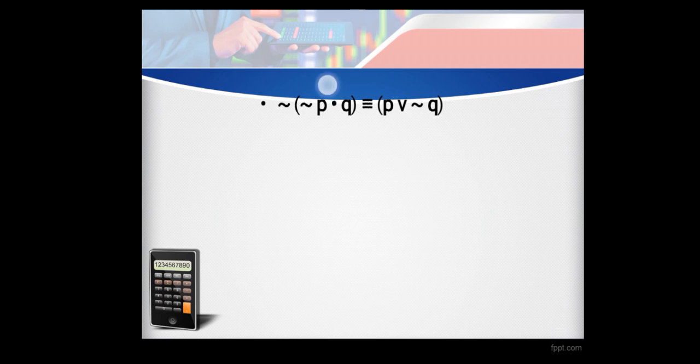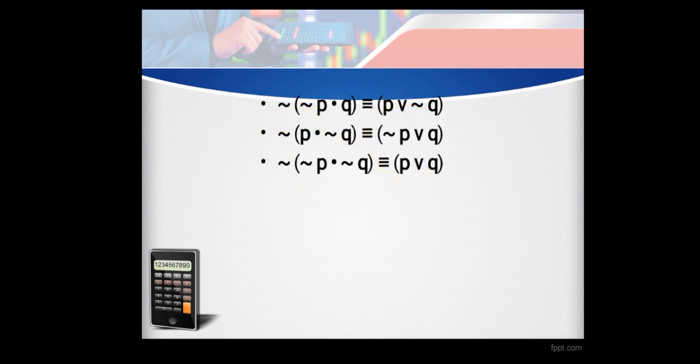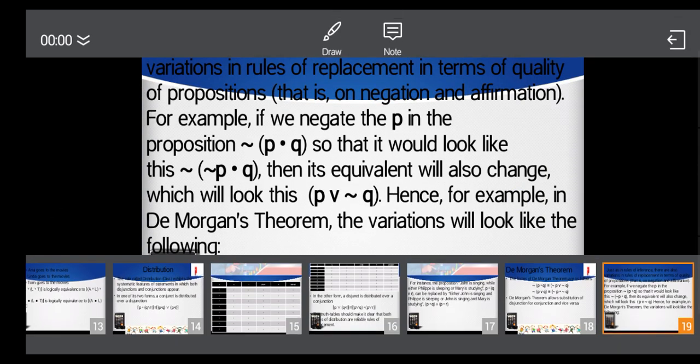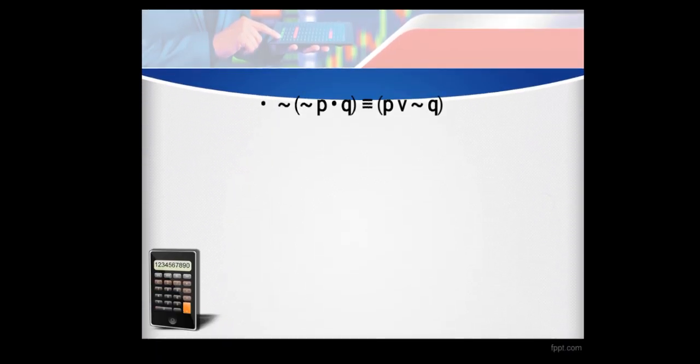If we negate the proposition, it will be changed. If this is and, it will become or. If this is or, it will become and. So for example, we have not P and not Q is equivalent to not (P or Q).